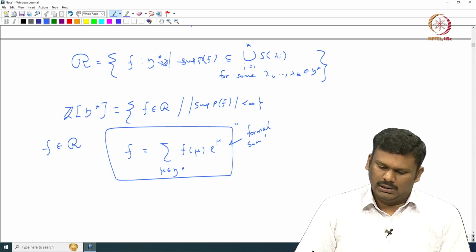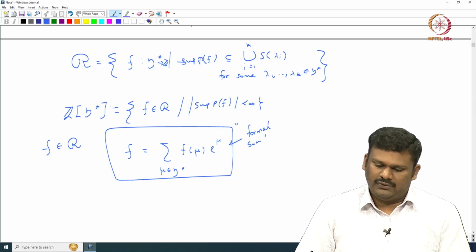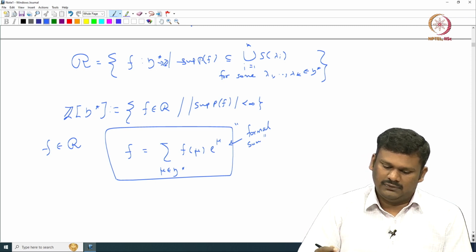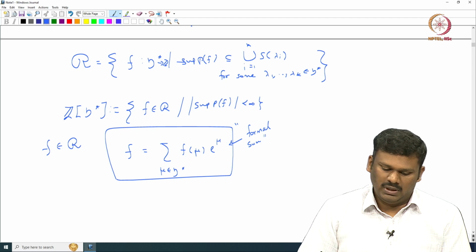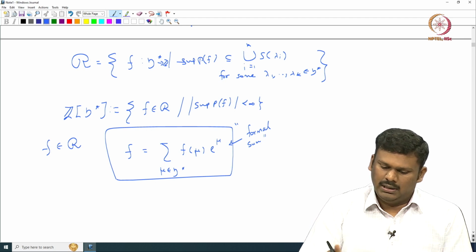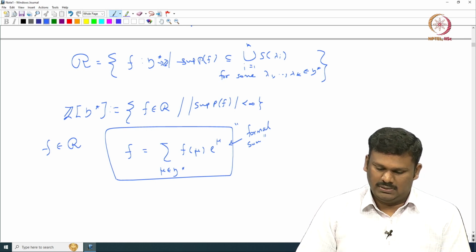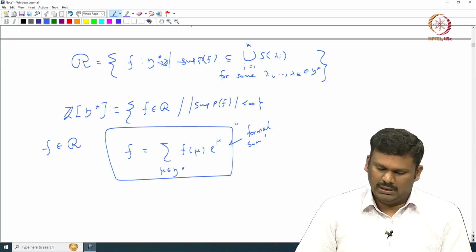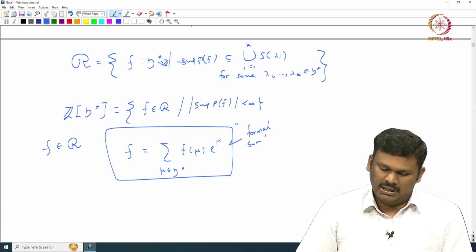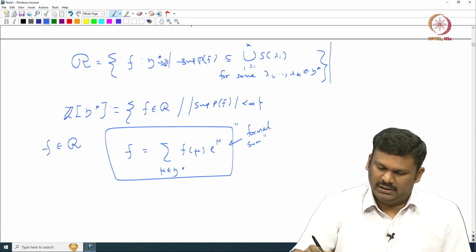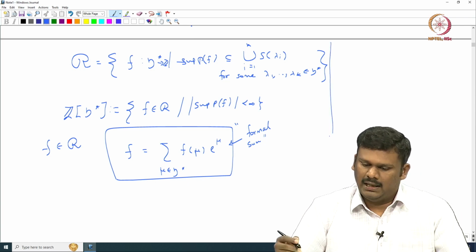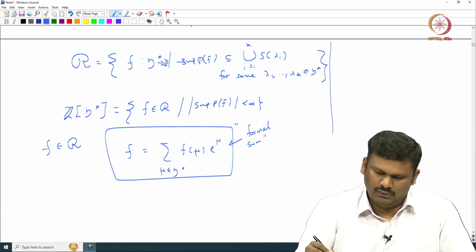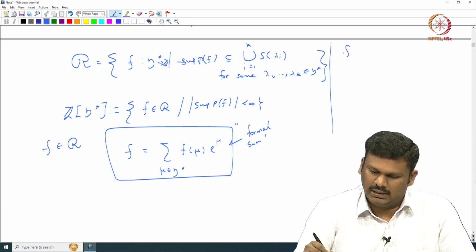So, now if you write two elements of R in terms of these characteristic functions, then how the addition and the multiplication are defined in terms of these exponentials. Okay, let us see how one can write it.